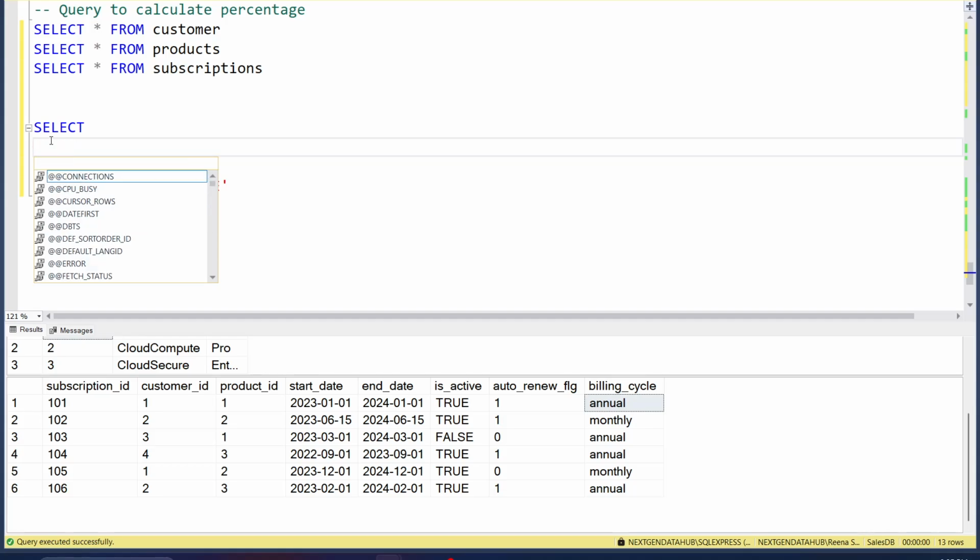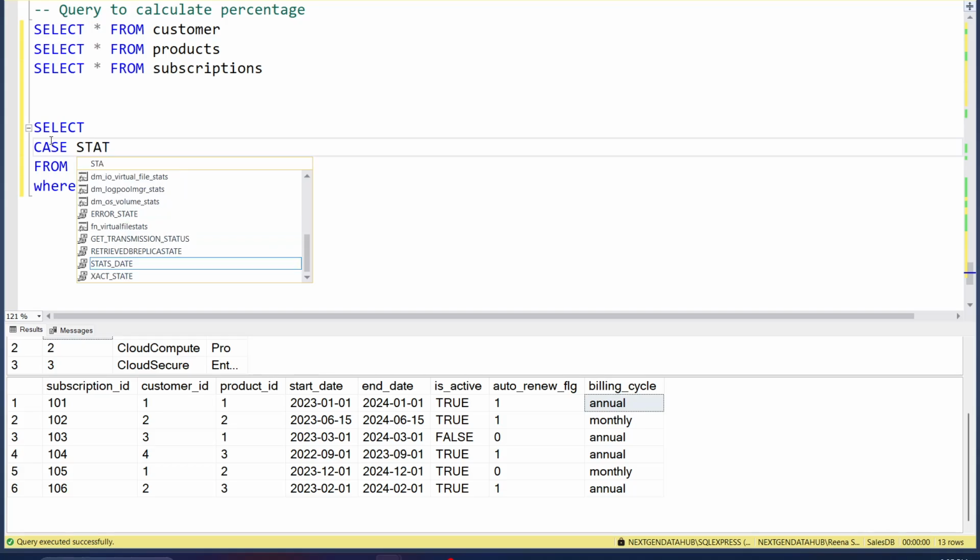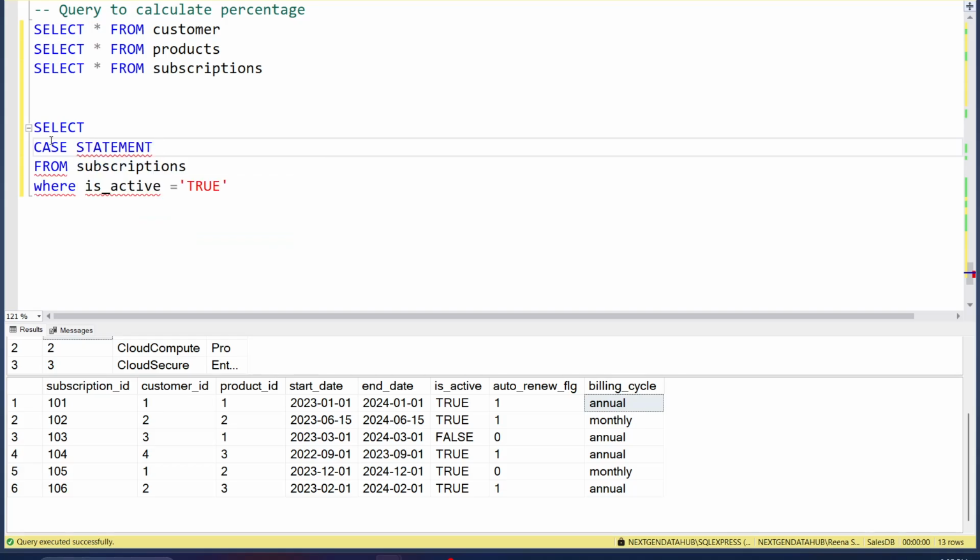So here, we're going to first apply a case statement. Sorry, case. So the syntax is case when we want auto renewed.